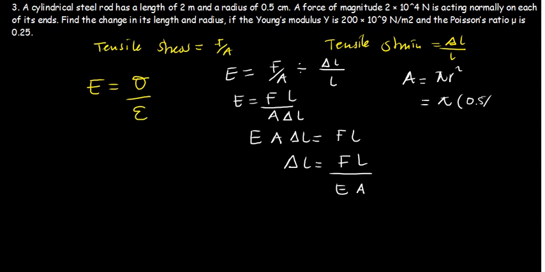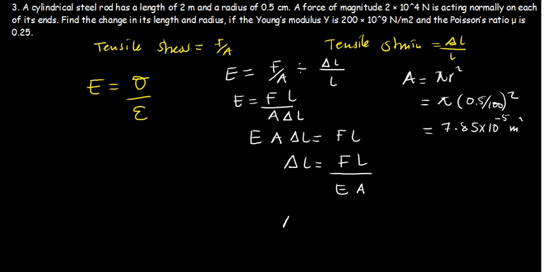Just divide by 100. So 0.5 divided by 100, then we square that and multiply by pi. That gives me 7.85 times 10 to the power negative 5 meters squared.